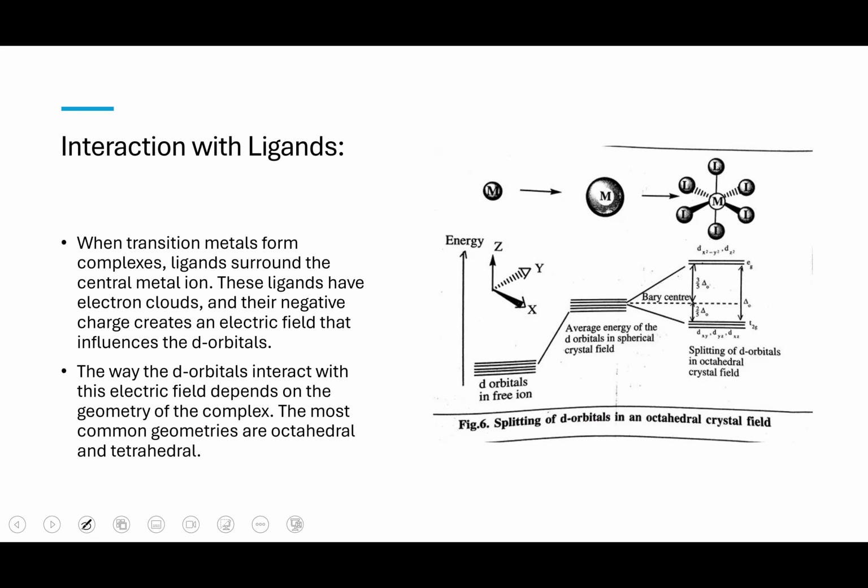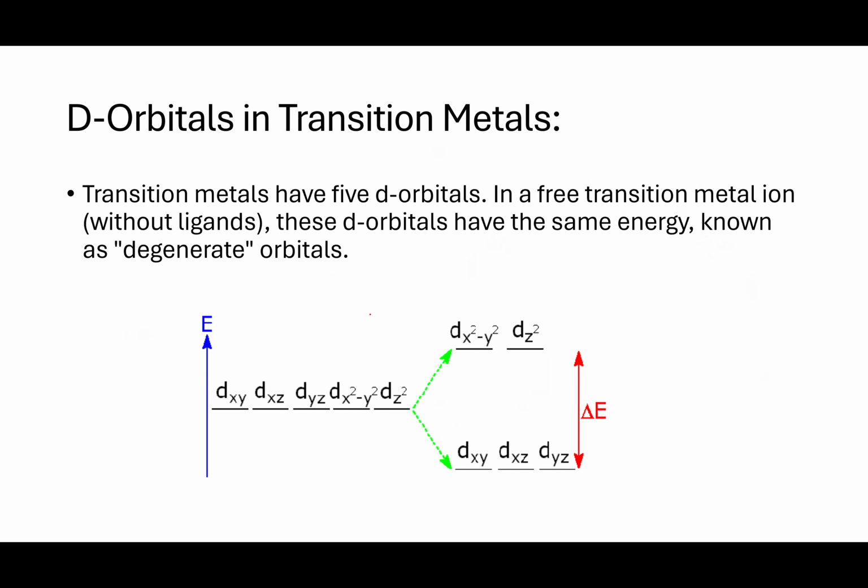So when we interact with ligands now, the ligands tend to distort electron clouds around the atom, and it actually influences the d orbitals to split. So if we're looking at something like this, let me get the laser pointer. Something like this, when we have interaction, they tend to split and create these different orbitals now.